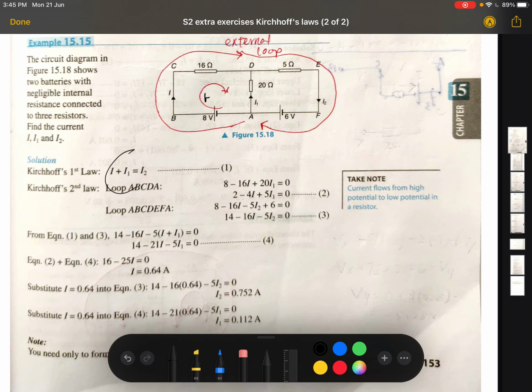So here is high, here is low. Some people might get confused and go this way. Let me just check the direction of current again to be safe, because I also get confused about it sometimes.